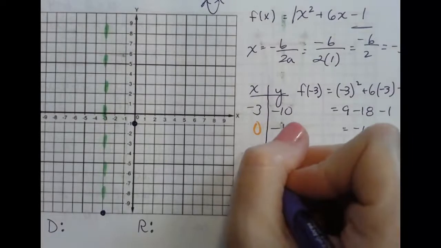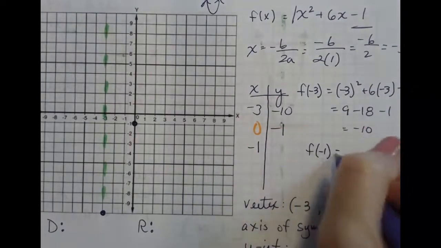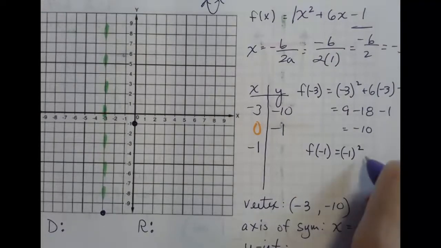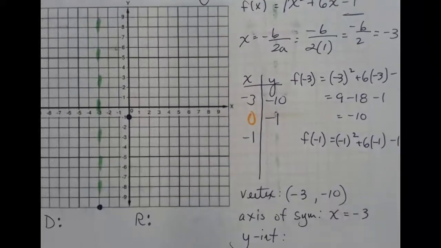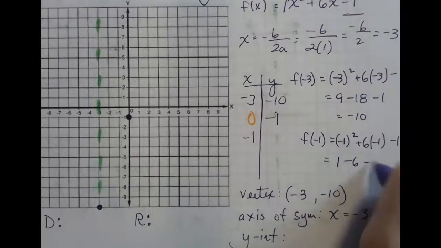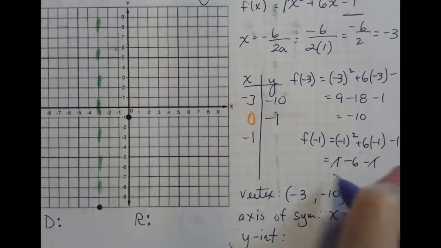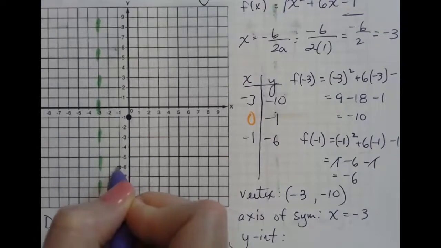So let's plug in a -1. Here we go. F of -1 equals (-1) squared plus 6 times -1 minus 1. That will give us 1 squared is 1, -6, minus 1, 1's cancel, that's -6. So back 1 and down 6.